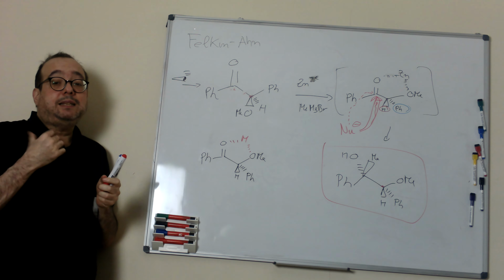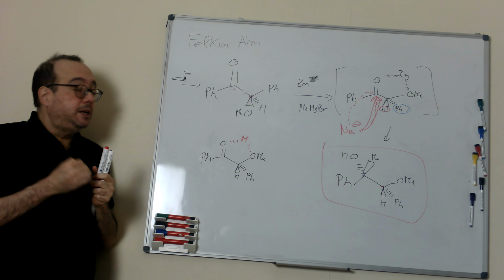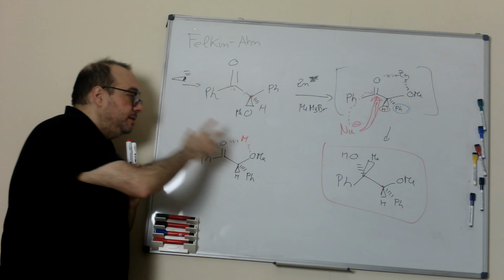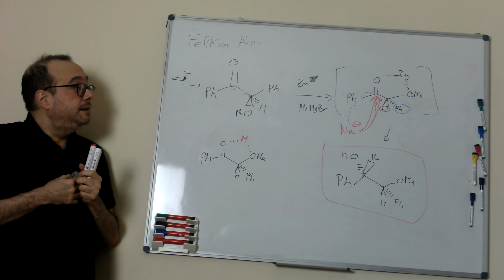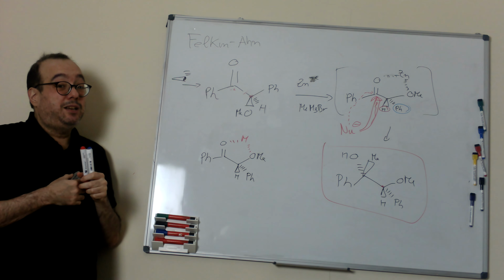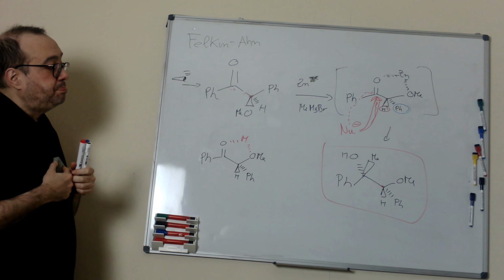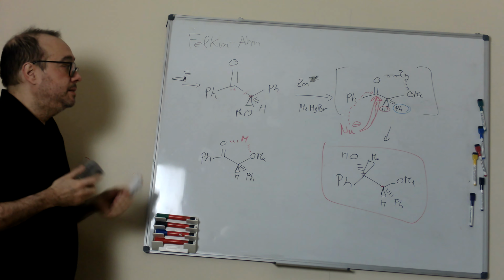In this case, the diastereoselectivities are very high. Normally, a metal coordination forming this rigid intermediate makes the diastereoselectivity very, very high. This is the second method, the chelate method.